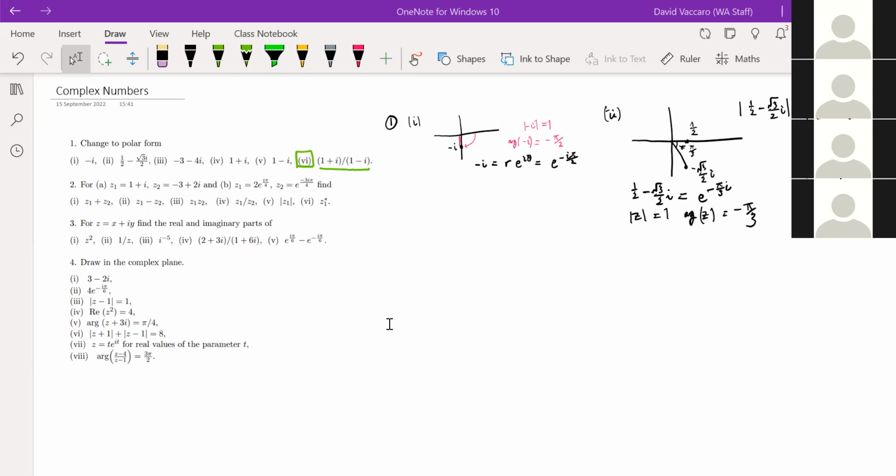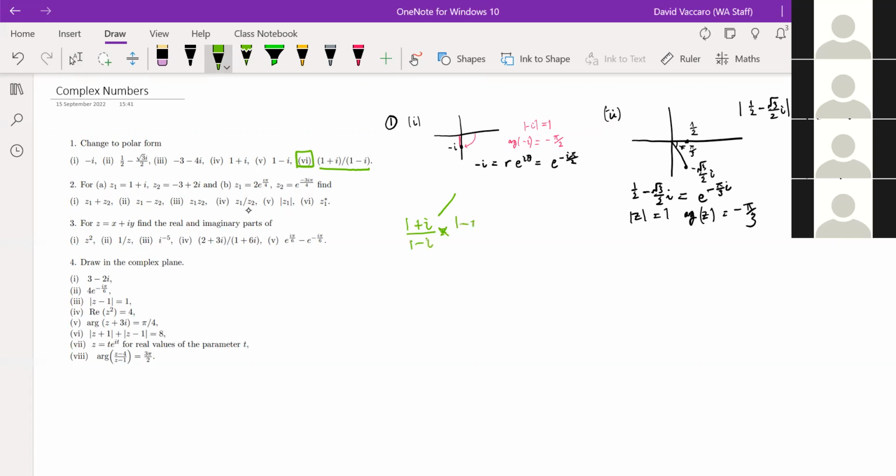So we've got this quotient, 1 plus i over 1 minus i. Yeah, Edward. So you can literally divide it by multiplying top and bottom by the complex conjugate of 1 minus i. That's sort of the most obvious way of doing it. But then you can also think, we've already done the modulus and the argument of 1 plus i over.